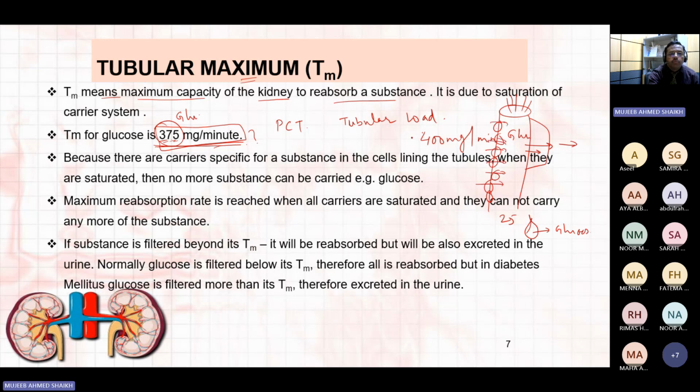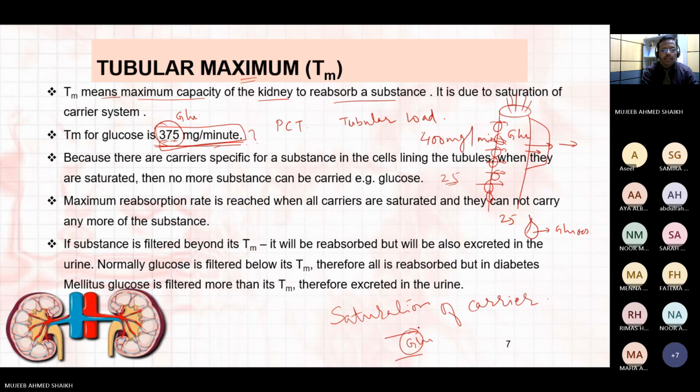After that, if it becomes 400, 25 carriers are not there. So it is the saturation of the carriers. When all the carriers are occupied with glucose, there will be no more carriers available for the next glucose molecule, and it will start to appear in the urine.